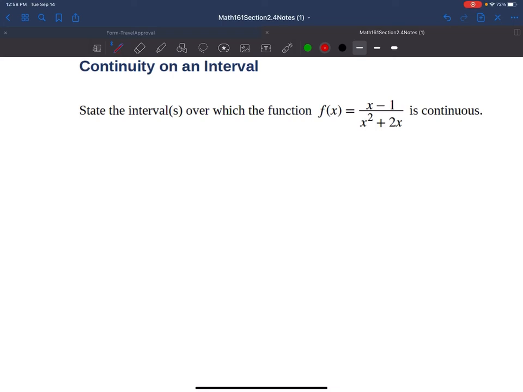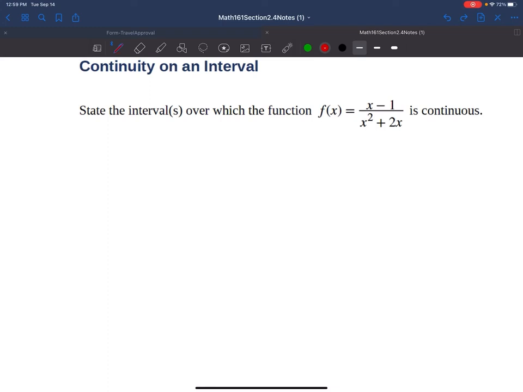Well, we've already talked about how rational functions are continuous everywhere on their domain. So all they've got to do is find places where the denominator is 0, because those are the only places where this function is undefined, and therefore the only places where it would be discontinuous, because of the theorem we had previously.